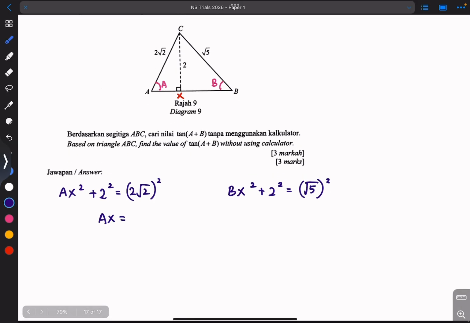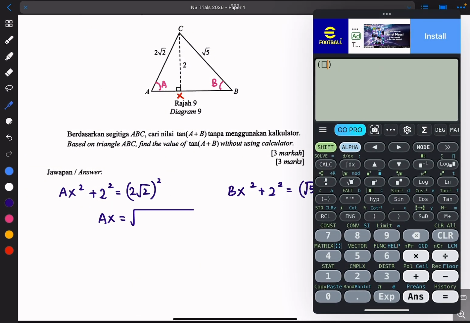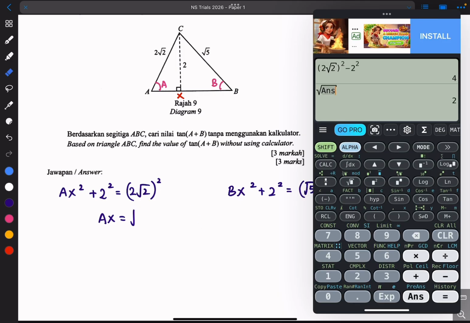So here AX would be the square root of this minus this. We just put this in our calculator: root 5 squared minus 2 squared, then square root the answer, we get 2. So AX is basically square root of 4, which is equal to 2. So we can say this is 2 from here to here.